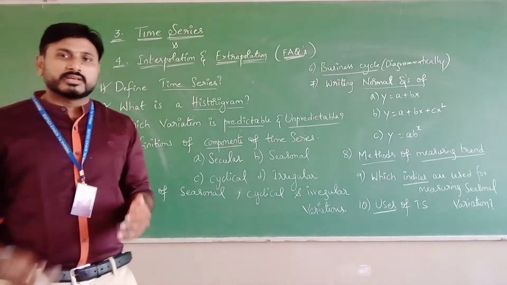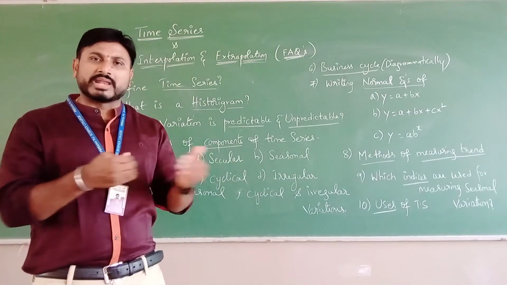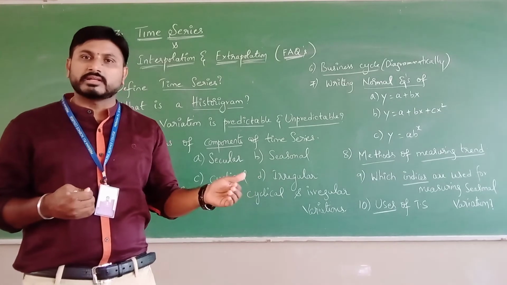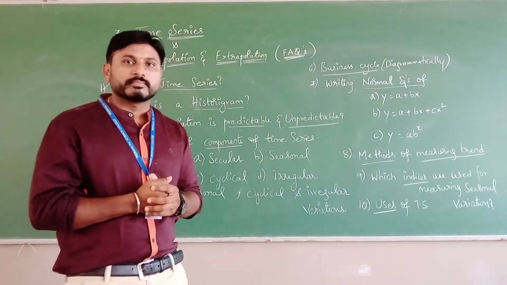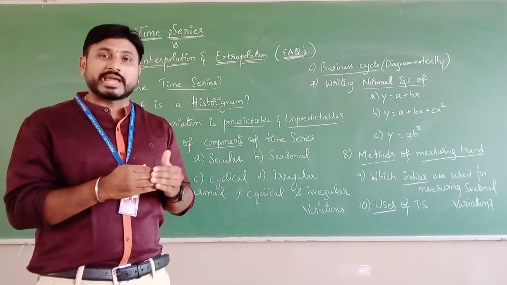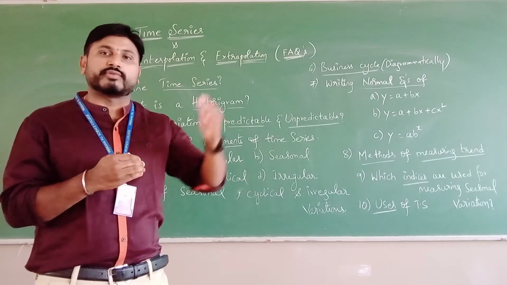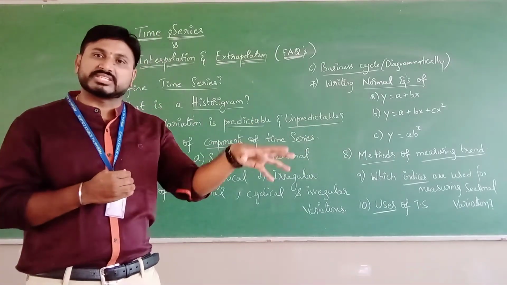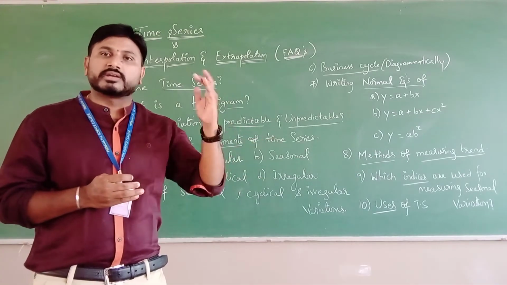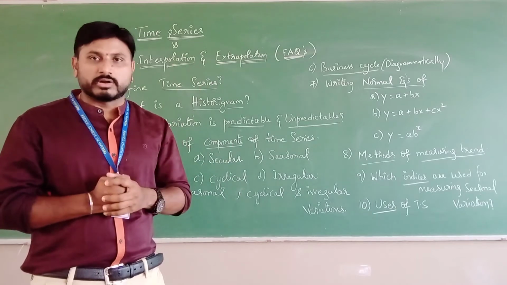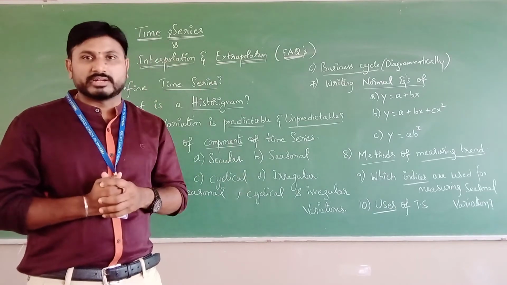Seasonal variation, as you all know, comes and goes within 1 year. It is a regular, short-term and periodic variation. We can guess and estimate what kind of variation is going to occur in a particular season well in advance. For example, during the rainy season the sales of raincoats will definitely be in an increasing movement.